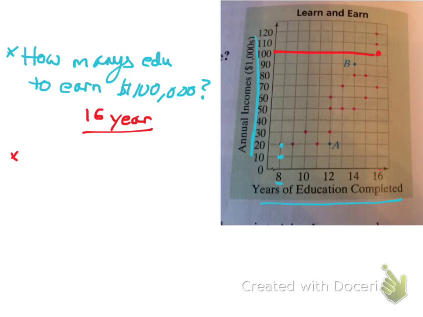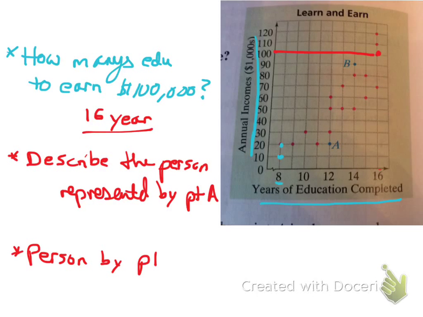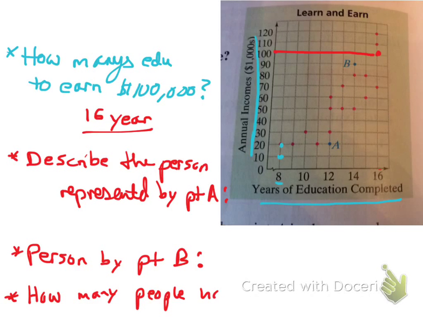Go ahead now, and I want you to, looking at this data, describe the person represented by point A. Describe also the person represented by point B. And then determine how many people have exactly 12 years of education.